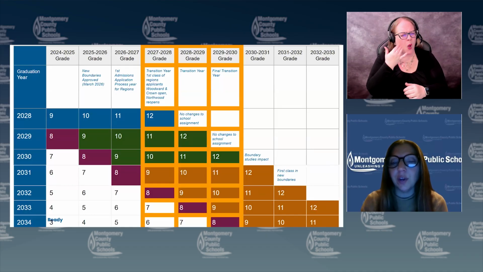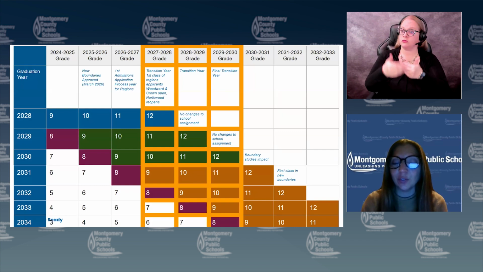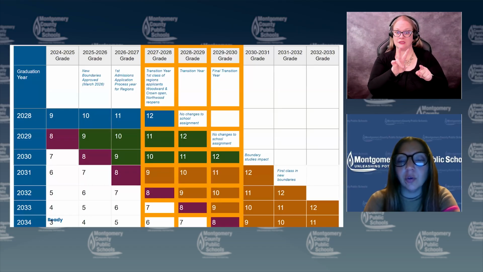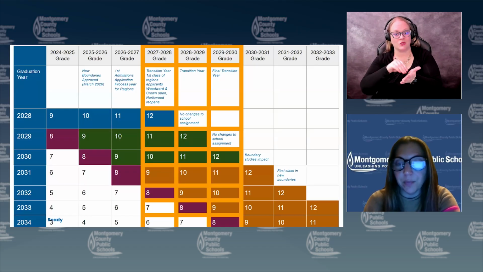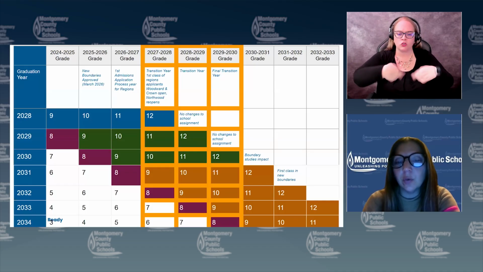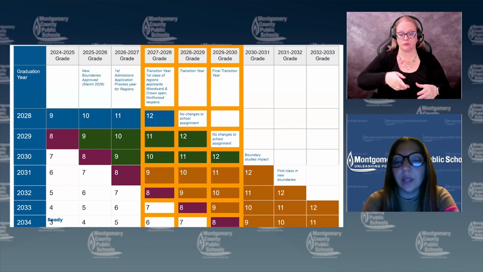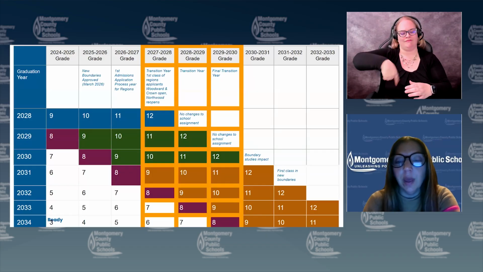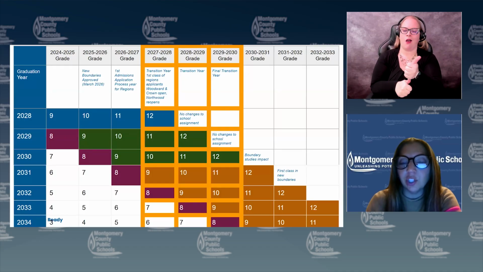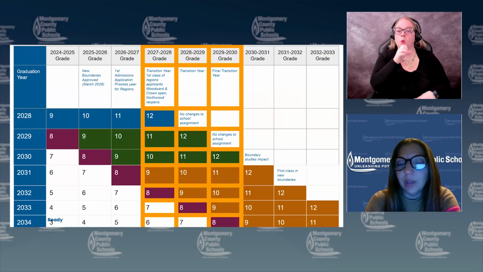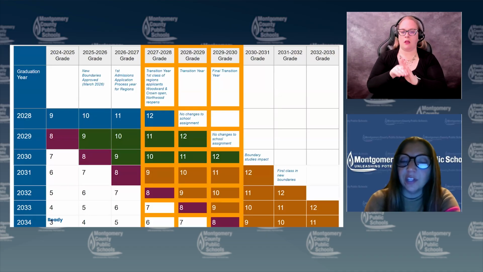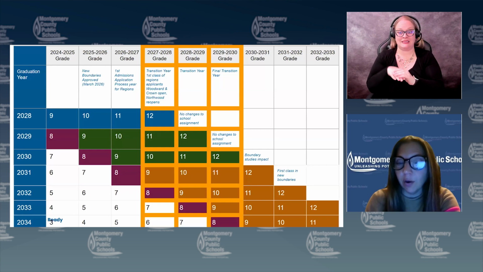So families of grade 8 students in the 2026-27 school year will receive information about their local high school and regional programs that are available to them. So when they enter high school in the 2027-28 school year, they will be the first group of students in the new model, and that's indicated by the orange shade. And you will see in the same year, there are grades 10, 11, and 12 students who are finishing up their high school plan in the current model.